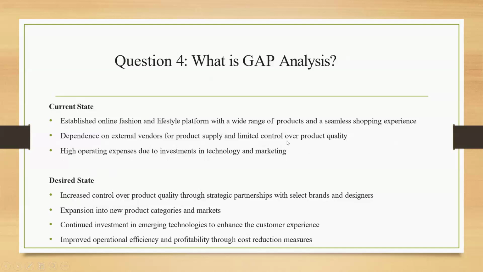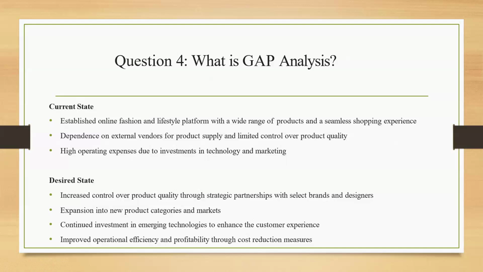What we want to have in future, what type of outcome we need, is nothing but the desired state, right? Here we are trying to increase control over product quality through strategic partnerships with select brands and designers. We are trying to expand the product into new categories and new markets, and invest more in technologies in order to enhance the customer experience.